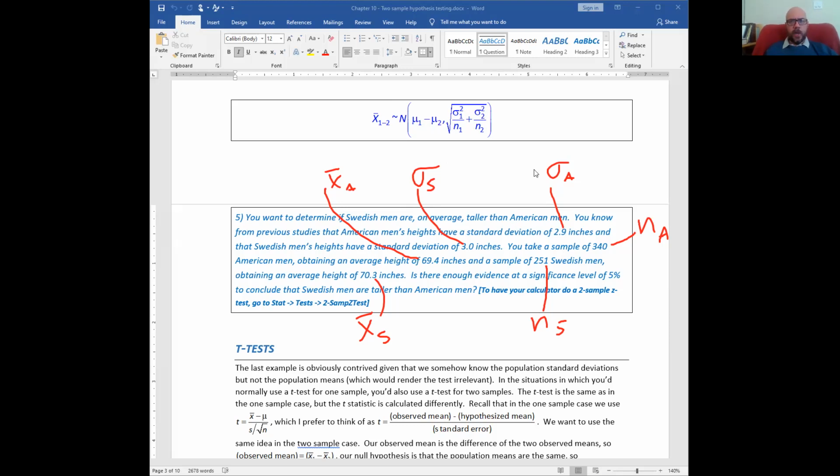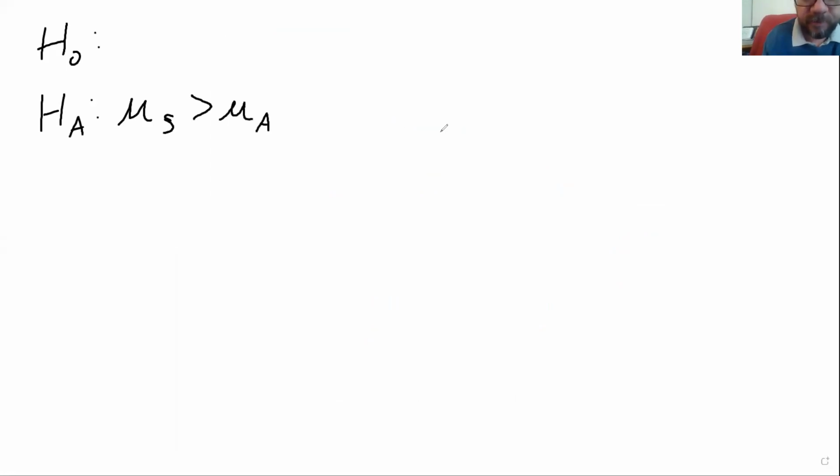All right, so my hypotheses look something like this. A null hypothesis, an alternative hypothesis. We were testing to see if Swedish men were taller than American men, which is to say we're testing to see if mu sub S is greater than mu sub A. Another way to say that is that mu sub S minus mu sub A is greater than 0.